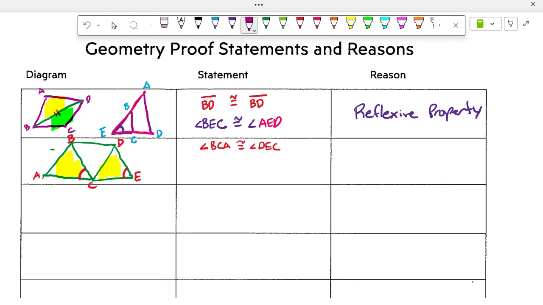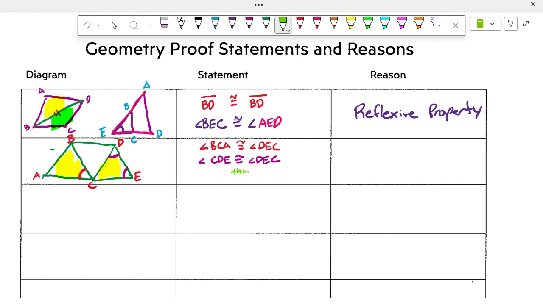I also said that angle CDE was congruent to DEC. So I can then say angle CDE is congruent, and I'm just making up scenarios, guys, to DEC.